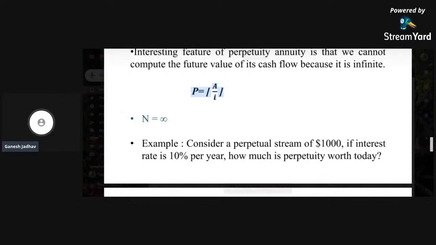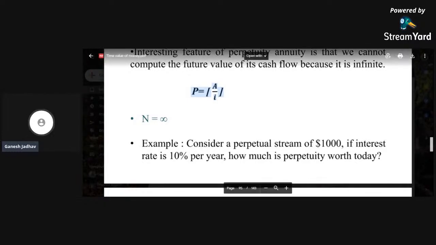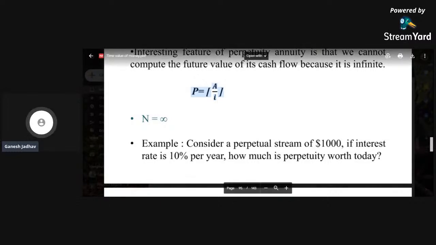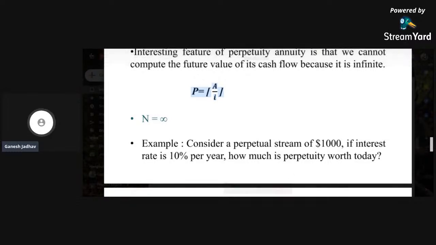So consider a perpetual stream of $1,000. This is the example, and this is the stream. What is your value of A? Your value of A is equal to 1000.